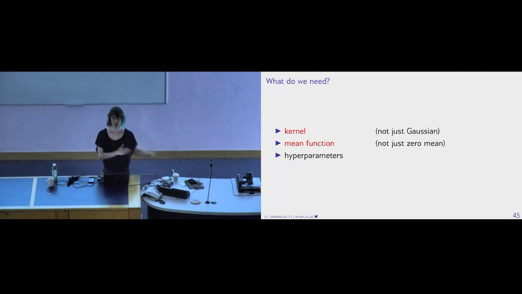But if you didn't normalize your data, or you don't want to, then a zero mean prior assumption is a bad prior assumption and you'll get a bad fit. So the mean function does not have to be zero. It can be constant, it can be linear, it can be a neural network even. Either way, you need the mean function and you will make some assumptions by what you pick. And lastly, you need hyperparameters and they need to have some values.